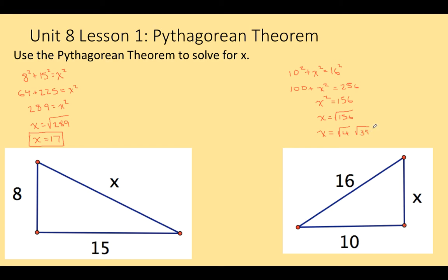Now the square root of 39, you can't take any more factors out of, because it's not prime, but its prime factors. And so we'll just go ahead and say 2, the square root of 4 is 2, times the square root of 39. And that's our final answer.